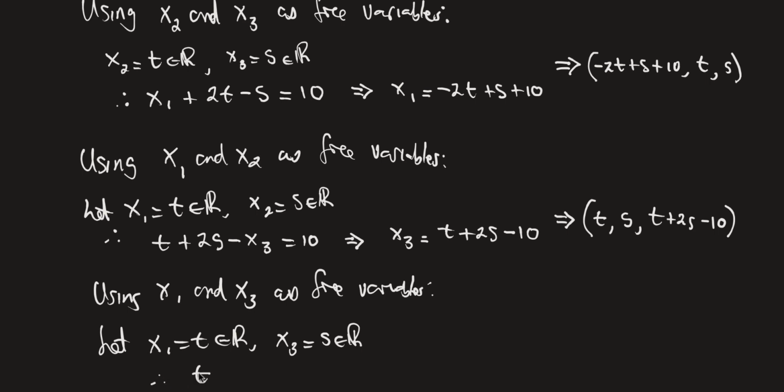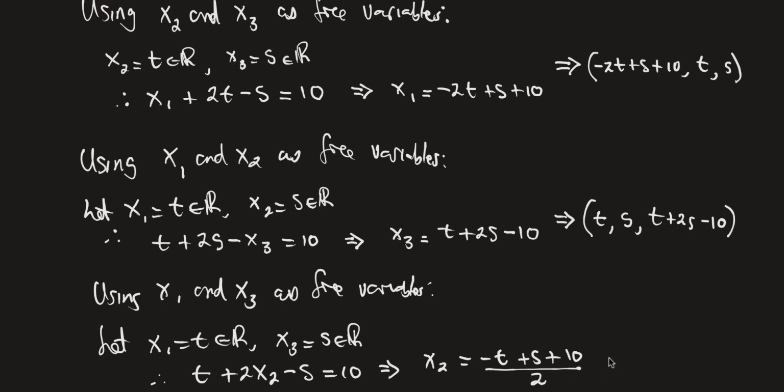So we have t plus 2x2 minus s is equal to 10. Solving this for x2, I am going to subtract t, add s, and then there's my plus 10, but now I have to divide by 2.